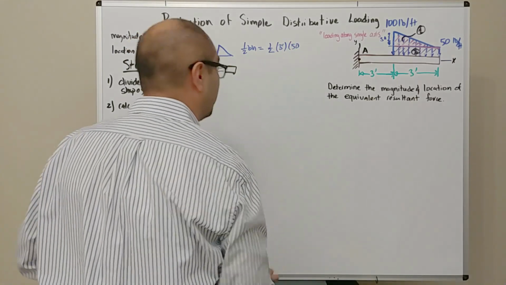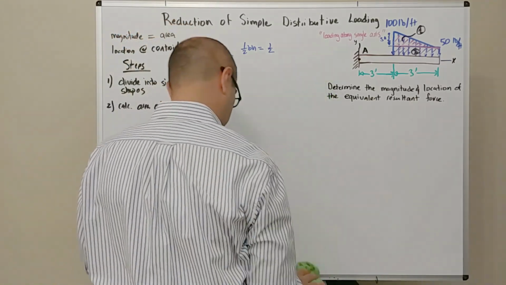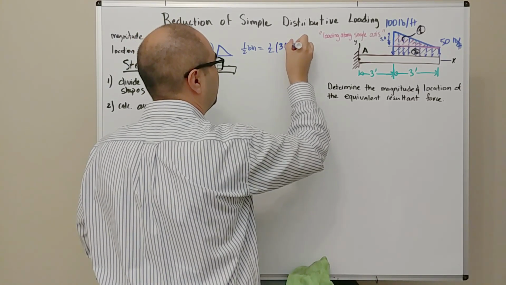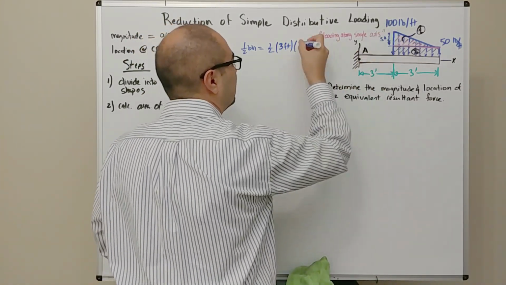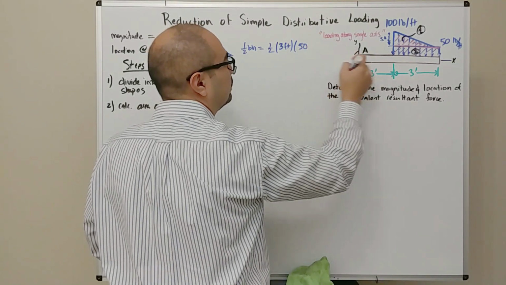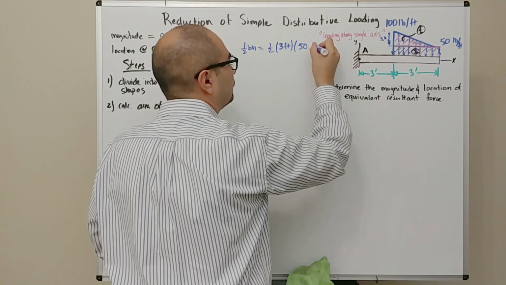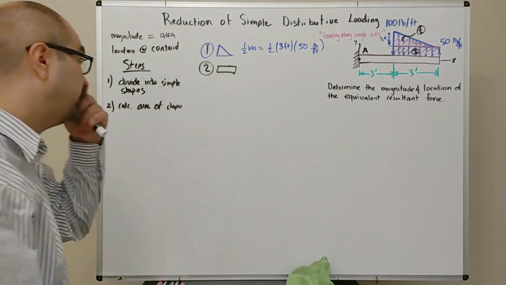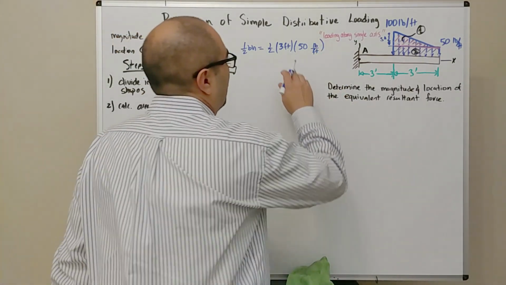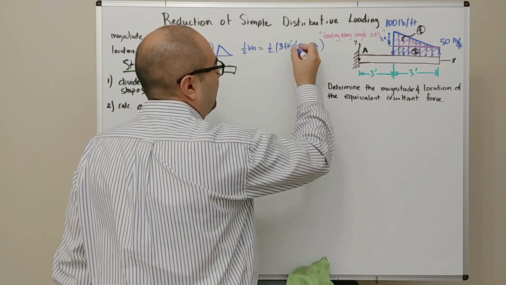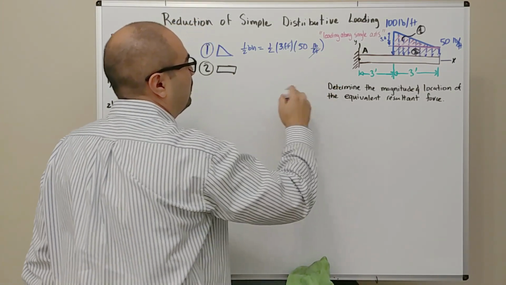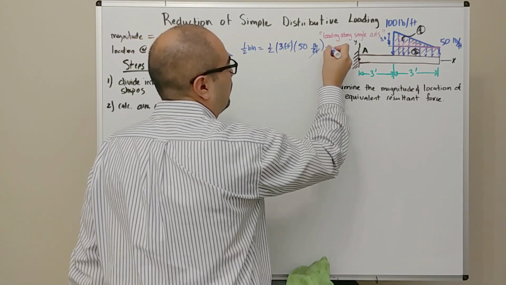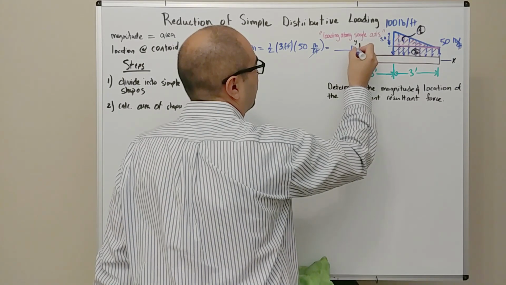So let me write the units the correct way so I don't throw you off. We said the base was 3 feet and the height is 50 pounds per feet. What happens when we multiply is that this feet is going to cancel with this one, and at the end of the day, this area over here is going to have units of pounds.